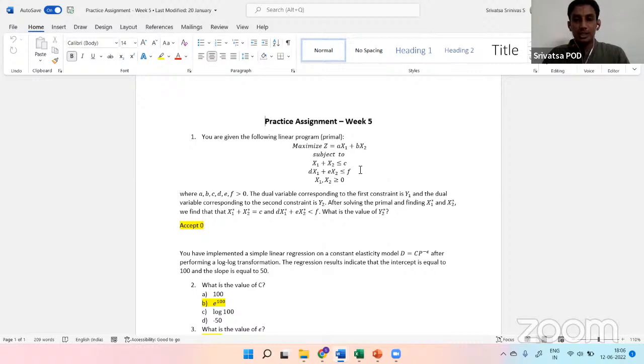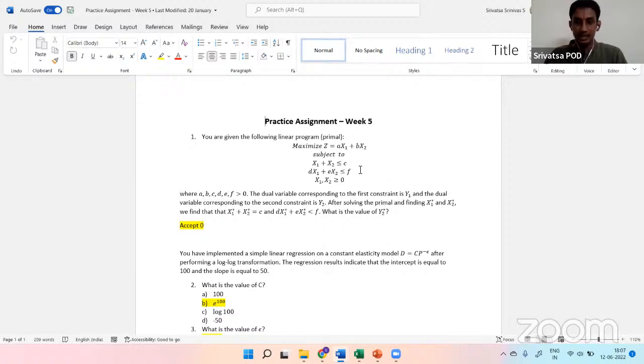In this formulation, you have the parameters A, B, C, D, E, and F greater than 0. Now, you have the concept of a dual variable introduced in a lecture in week 5. What you are given is that the dual variable corresponding to the first constraint is y1 and the dual variable corresponding to the second constraint is y2. After solving the primal, you find x1 star and x2 star.